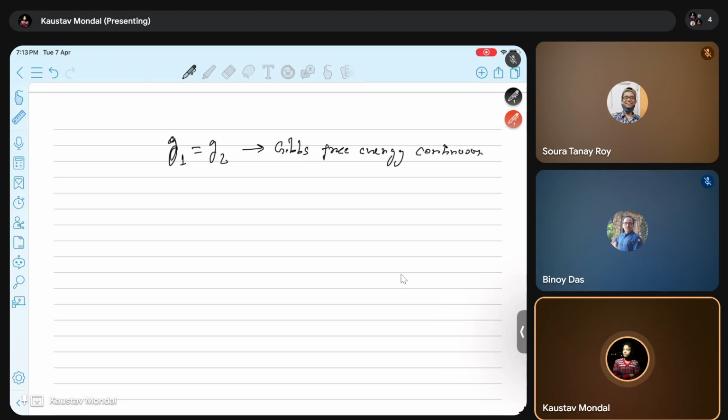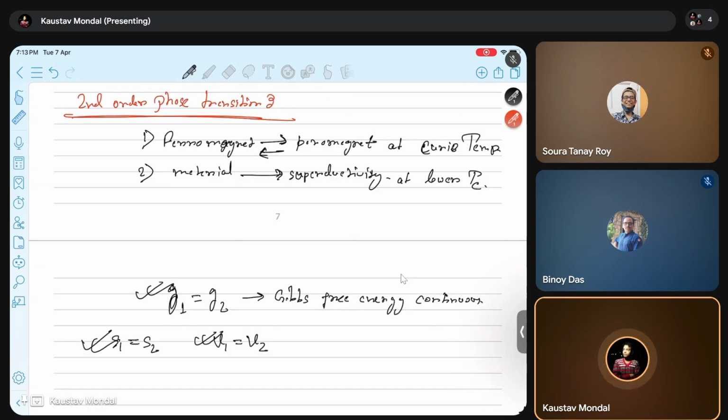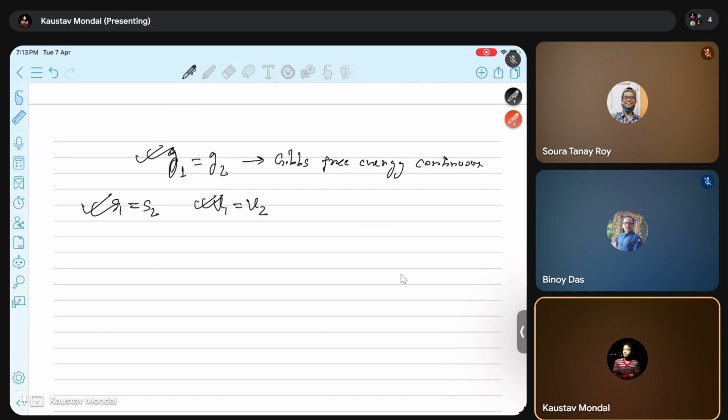The second property is the derivative of Gibbs free energy, which is given by the entropy. Entropy at phase 1 should be equal to entropy at phase 2. Similarly, the specific volume at phase 1 will be equal to the specific volume at phase 2. So these are certain properties of the second order phase transition. Now using these properties, we can derive the Ehrenfest equations.